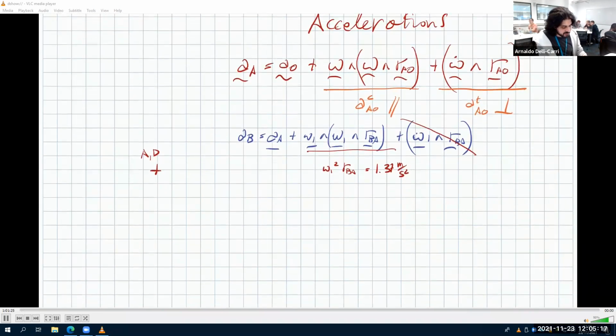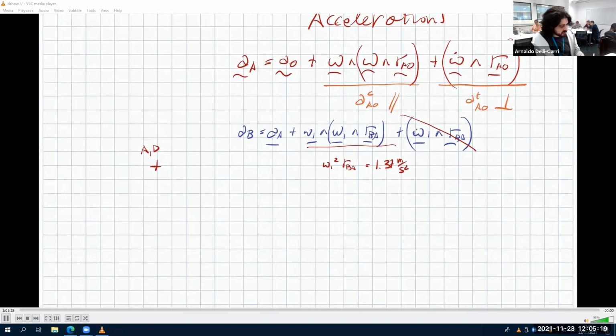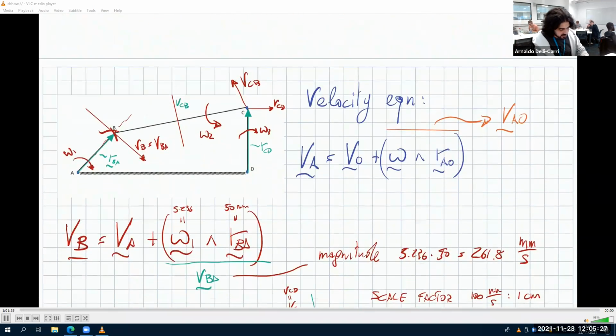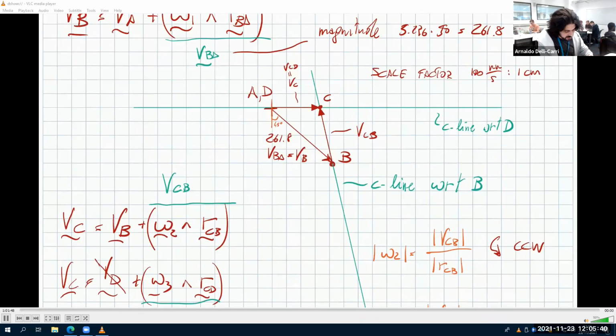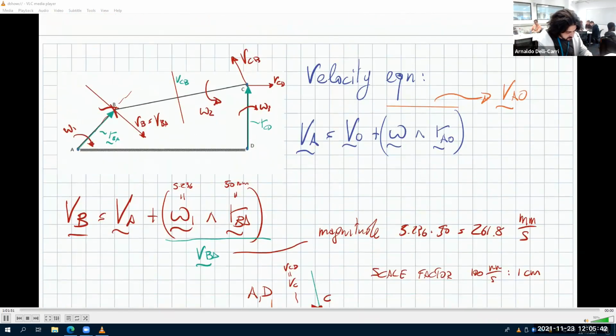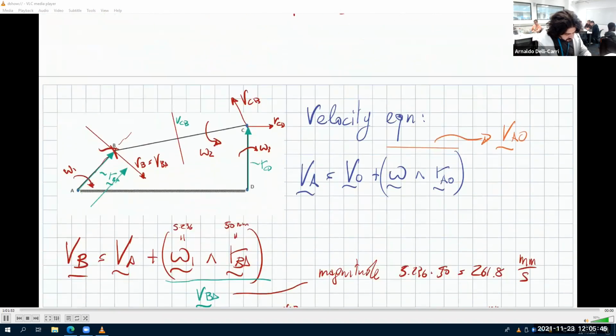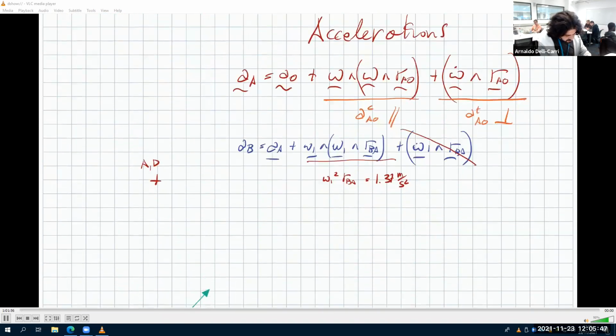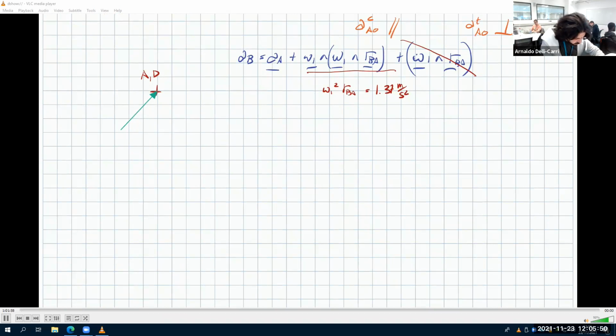AB is a vector that starts from A, and we add a vector BA. RBA is this, but we want a vector parallel to RBA in the opposite direction, pointing towards A. So I take this, place it here, and point it in the opposite direction.